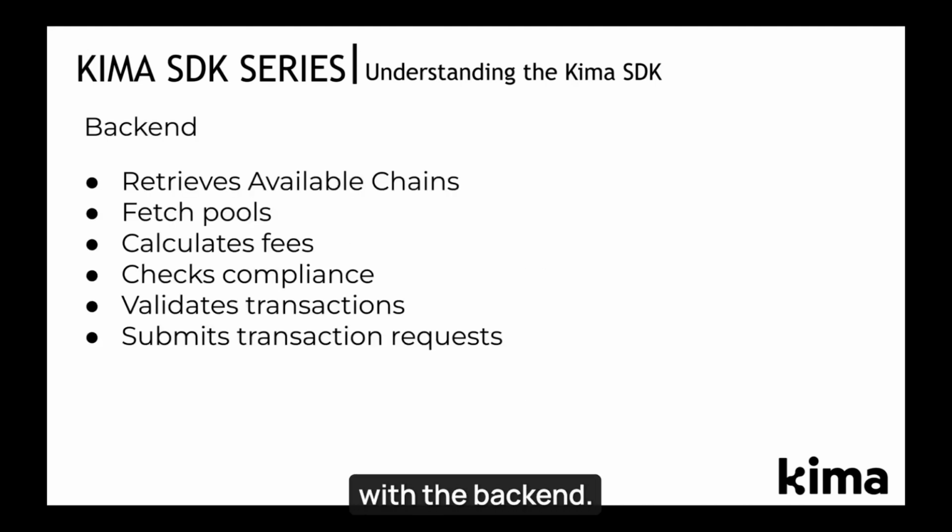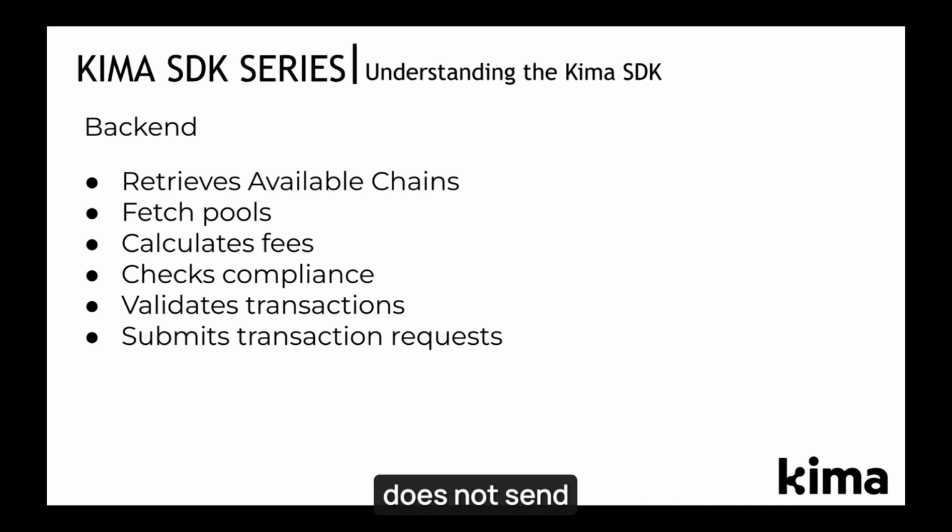Let's start with the backend. The backend is the brain of the SDK, responsible for retrieving the available chains, providing information on which blockchains are supported, fetching pools, checking the available liquidity pools for transactions, calculating fees, determining how much each transaction will cost, checking compliance, ensuring wallet addresses comply with regulatory policies, validating transactions, making sure transaction requests are formatted correctly, and finally, submitting transaction requests.